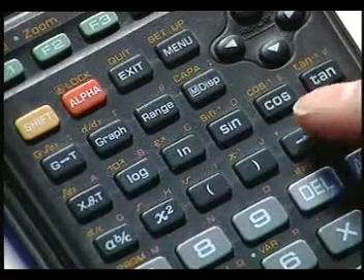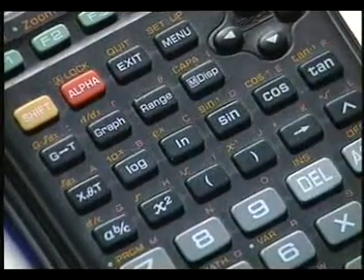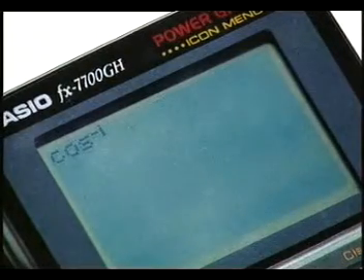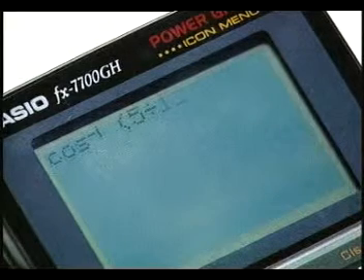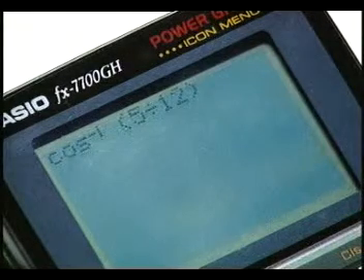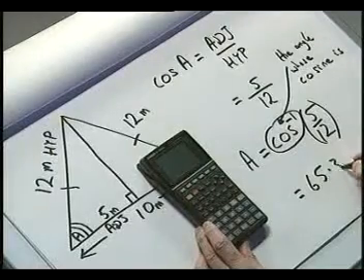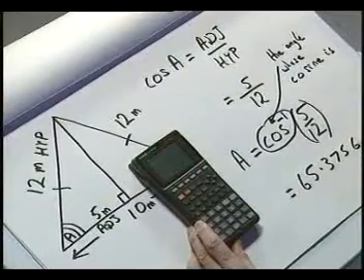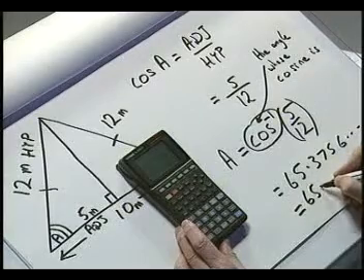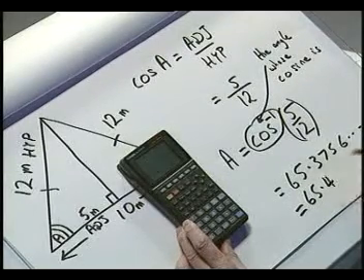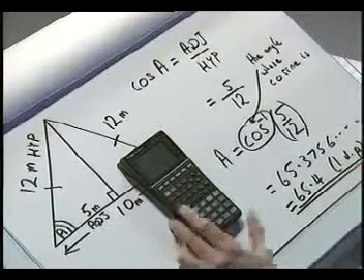So, in order to calculate it, we have to press shift, cosine key, and we see that we get cos to the minus 1, bracket, 5 divided by 12, close the bracket, and that gives us the angle of 65.3756, etc. degrees. And I'd probably give this to the nearest tenth of a degree. In other words, to 1 decimal place.